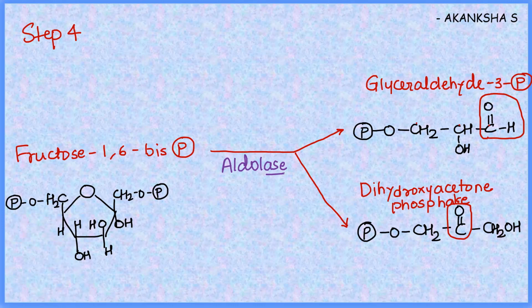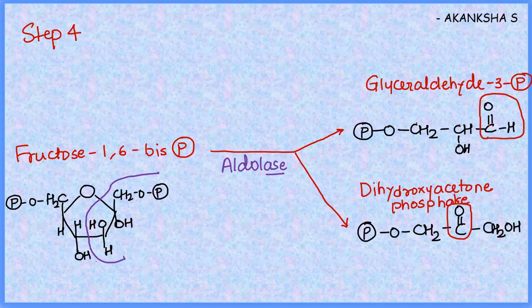So whenever this enzyme is used, your compound is bound to undergo breakdown. How is this breakdown happening? It happens like this: one particular compound separates out and the rest separates out as the other compound. This is how we reach glyceraldehyde 3-phosphate.